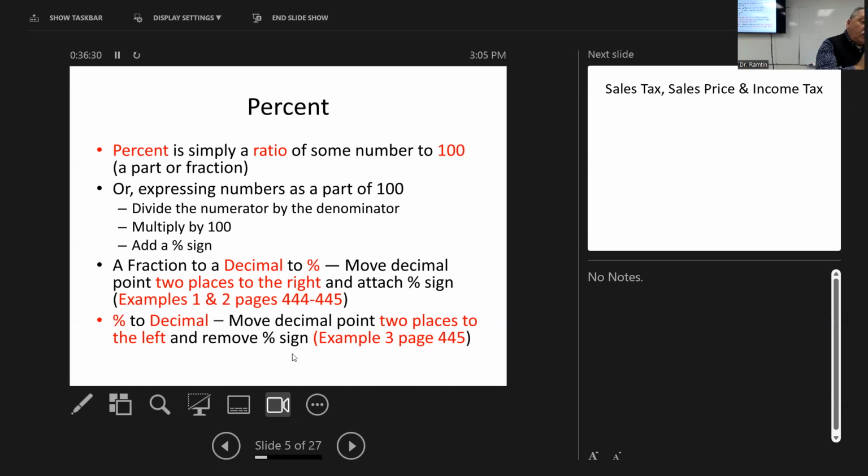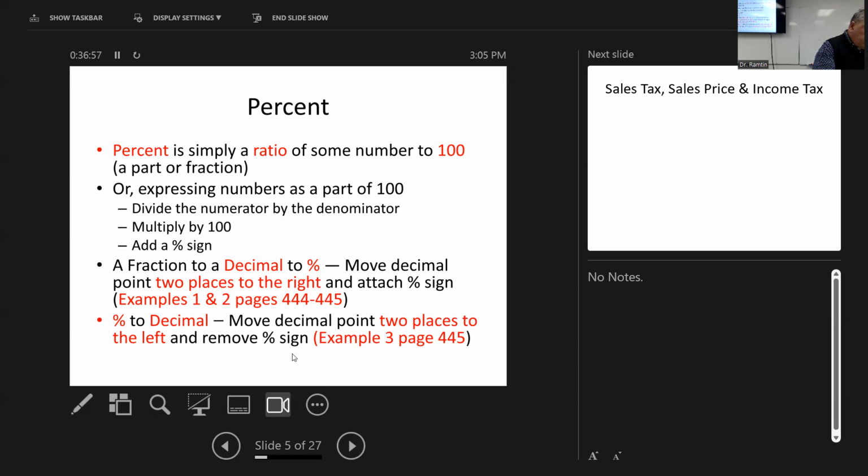And 19/100, you just move the decimal point 2 places to the left. So it becomes 0.19, and then you cross out the percentage sign. So 19% of something is the same as 0.19 of whatever, the same thing.